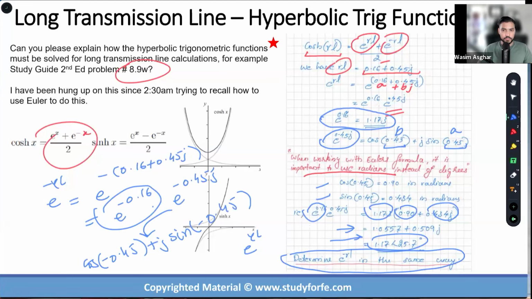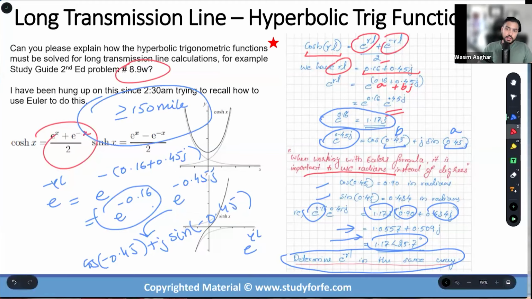Okay. Now there's more to long transmission lines, as we discussed in the on-demand. The beauty of the long transmission line is that it applies to transmission lines that are 50 miles and above, greater than or equal to. Now, it is interesting that it is able to keep the upper limit floating.